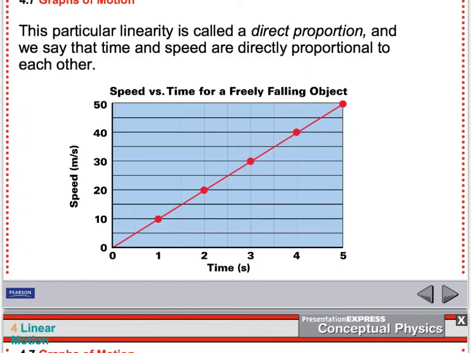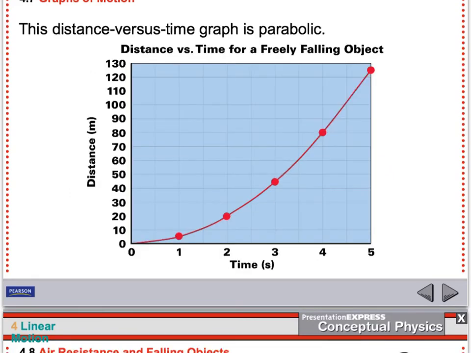Again, the rise over run on a speed versus time graph equals the acceleration. And we also say this is direct proportion. The change in speed and the change in time are directly proportional to each other. There are no exponents in this equation, is basically what that's saying. It's the velocity equals gravity times time.